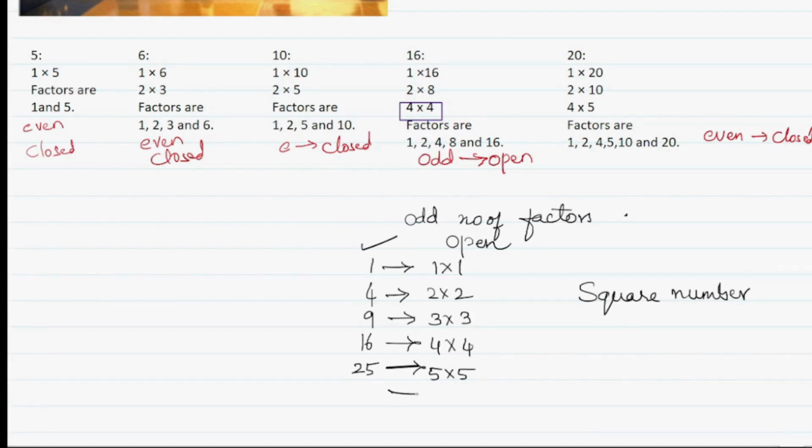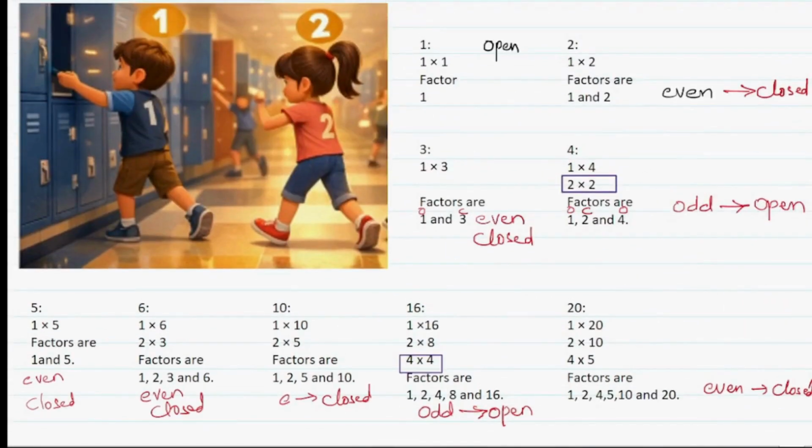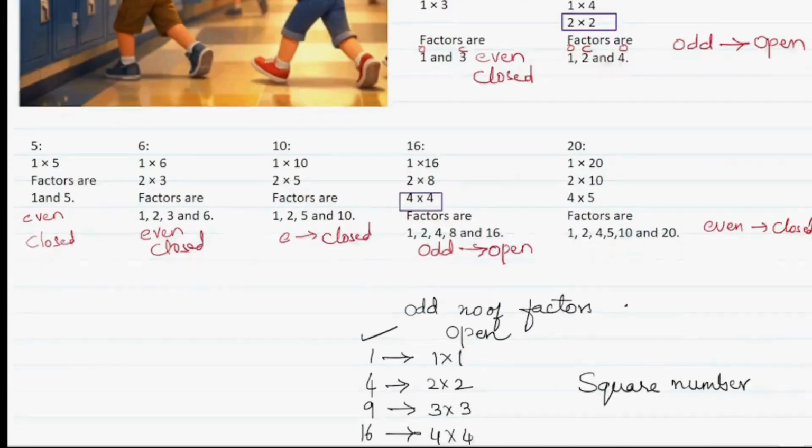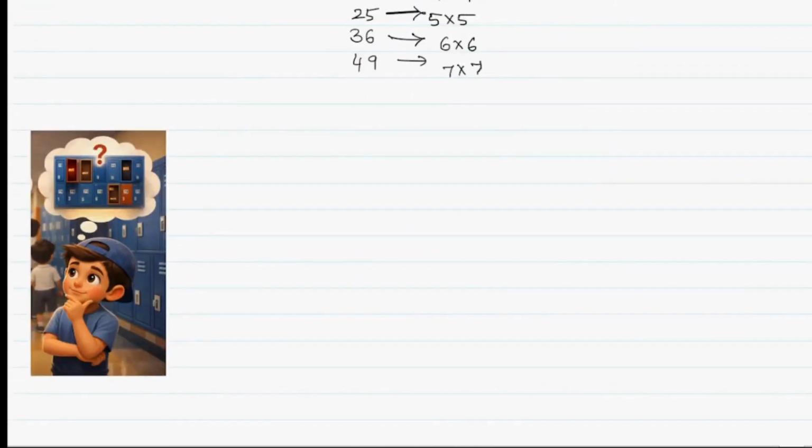Now next square number, can you tell me? 6 6s are 36, right? The next square number, 7 7s are 49. So if I check all the square numbers, they will be open at the end. So Anwesh goes and opens all the square numbers.